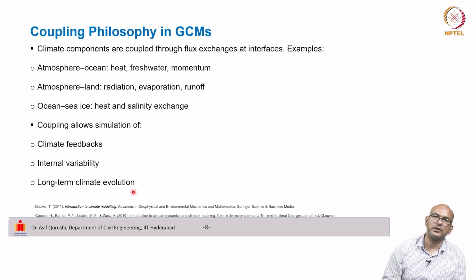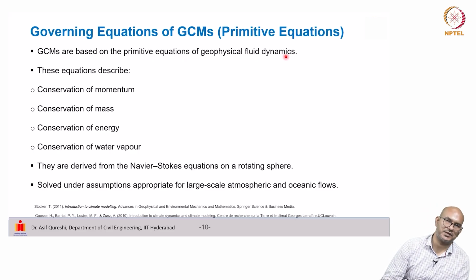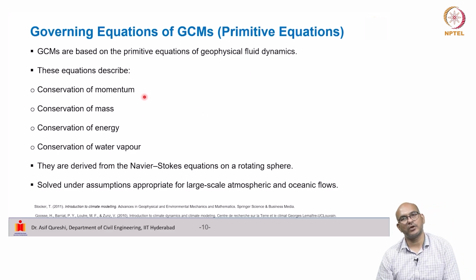Now, when we talk about these GCMs, they are based on the primitive equations of geophysical fluid dynamics. What are these equations? These are the equations that describe the conservation of momentum, conservation of mass, conservation of energy, and the conservation of water vapor.